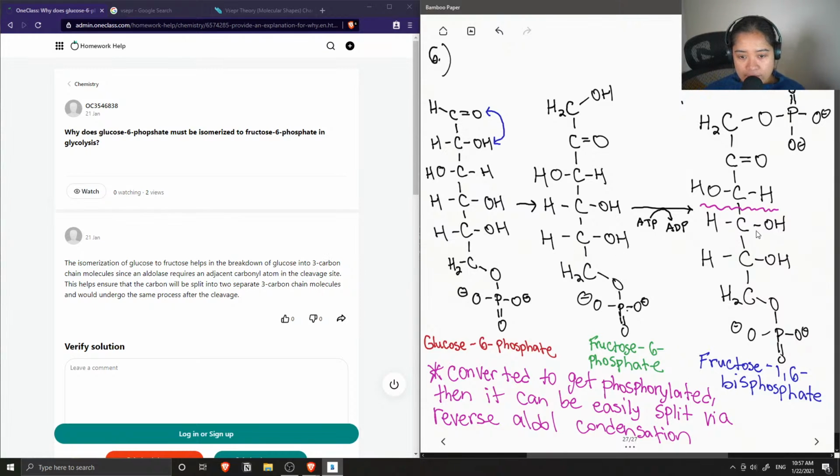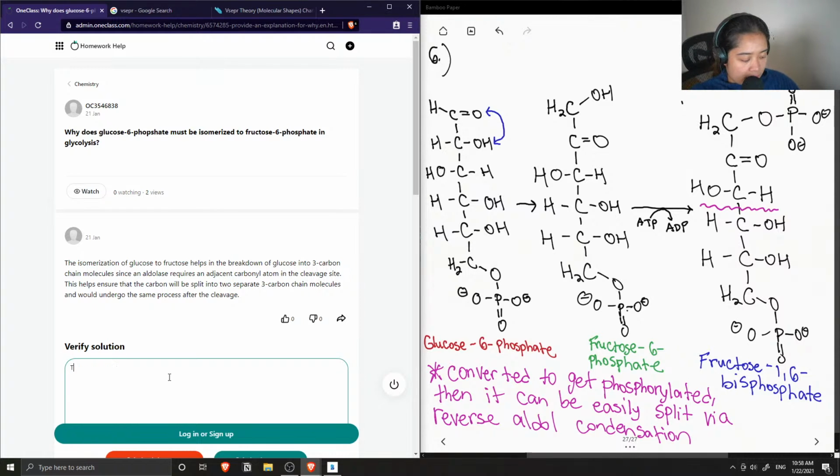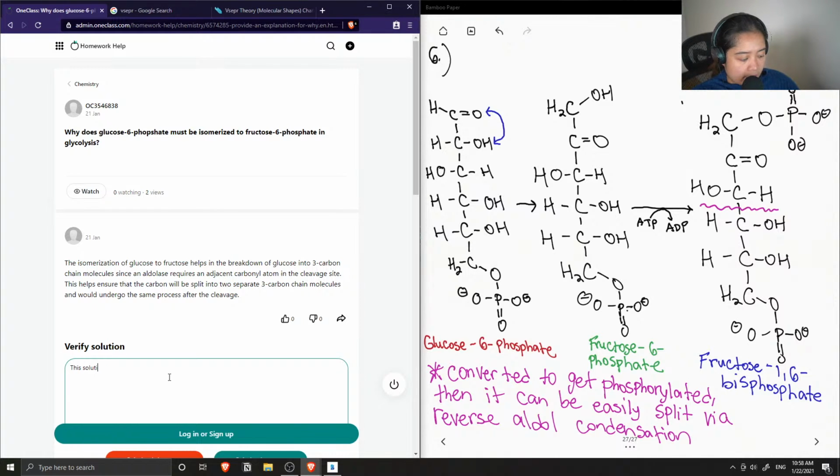So notice that after this cleavage, you would get the 3 carbon chain molecules, and the aldolase requires an adjacent carbonyl atom, so in this case it is this carbon right here. So this solution is correct.